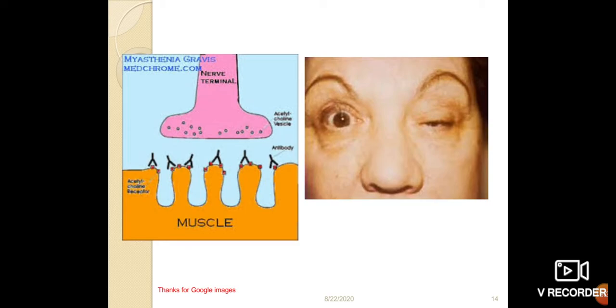And we can see here the autoantibody starts to bind with the acetylcholine receptor, blocking these receptors and hindering the transmission of the nerve signals. And we can see here in this eye, the eyelid is drooping all the time, and this is due to there being no nerve stimulation that can transmit signals.